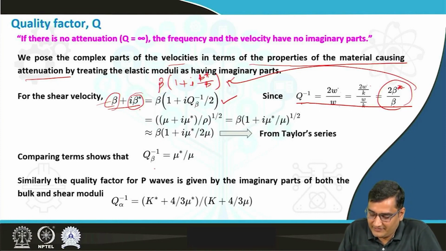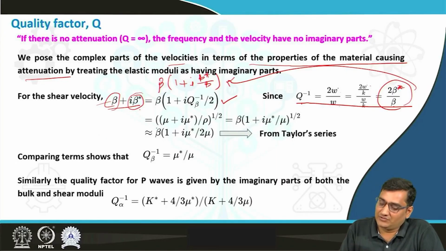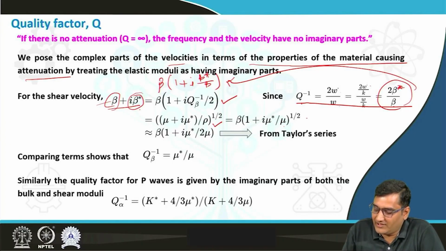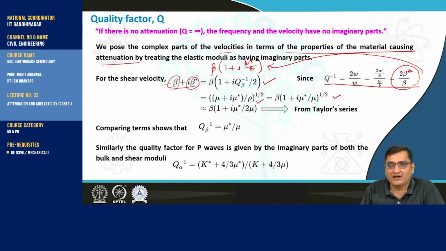Since we know that beta can be written as the square root of mu by rho, it can be written as the square root of mu plus iota mu star by rho, that is equal to beta into the square root of 1 plus iota mu star by mu. If we apply Taylor's expansion to this expression, it becomes something like this.